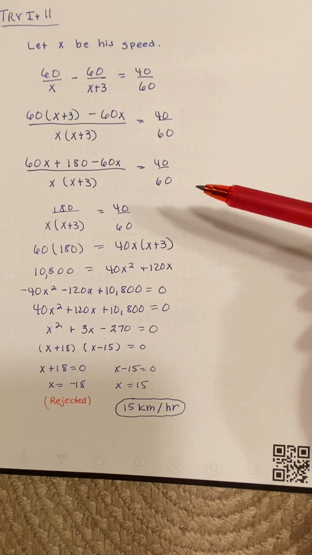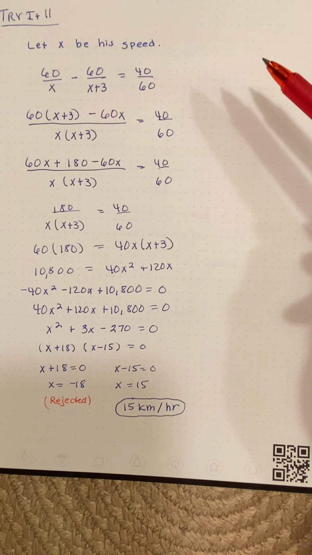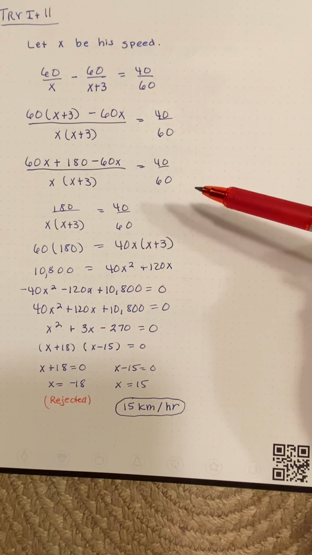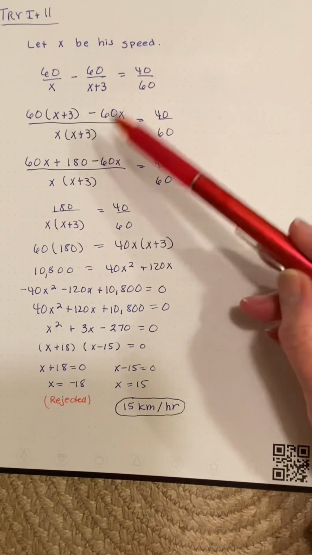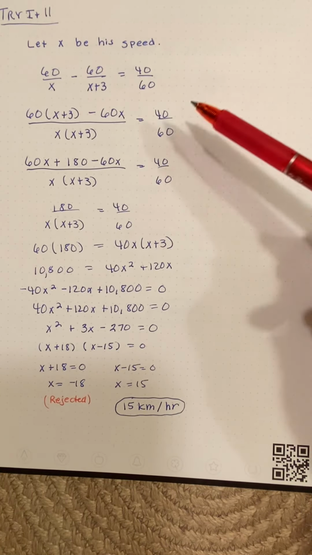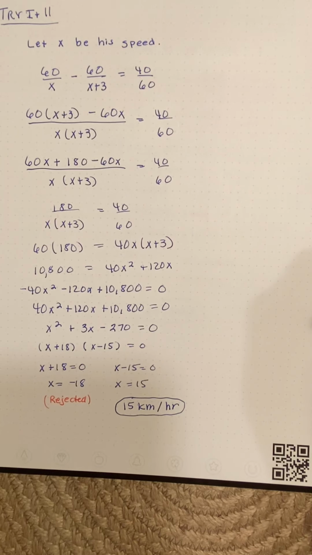But in my mind, 40 minutes less sounds like it should be 60 minus 40. But then I think, nope, it isn't, because I don't know how long it took him in the first place. So that's the whole crux of it. You just set it up as 40 over 60. That to me was the most confusing part. It could happen to you too.